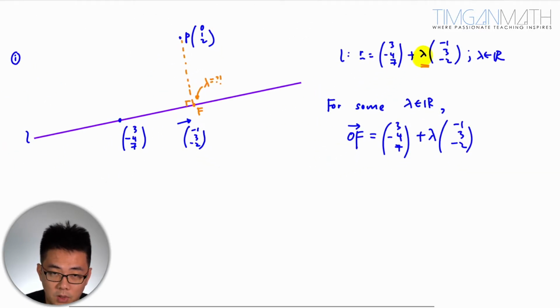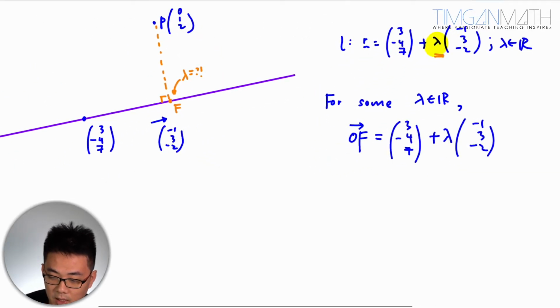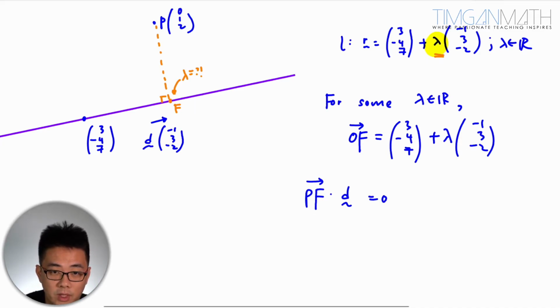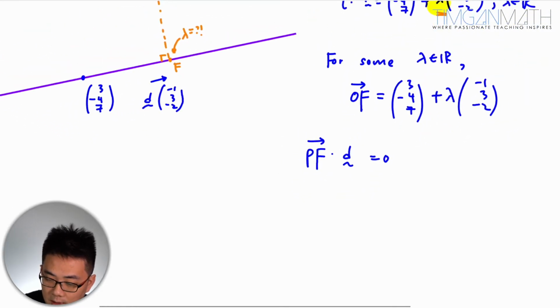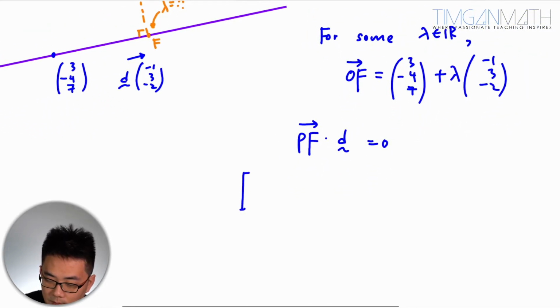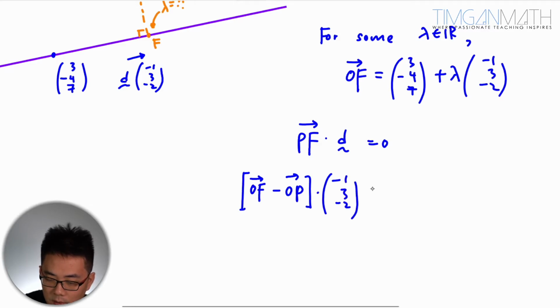Then because I know this is 90 degrees, I can take PF dot with D, the direction vector, which will be 0. So we take OF minus OP, dotted with (-1, 3, -2), equals 0.